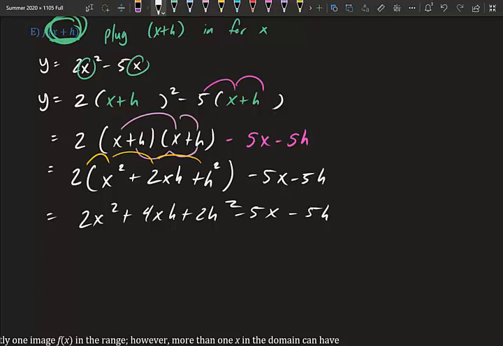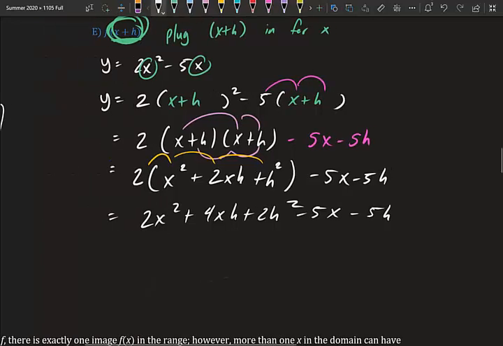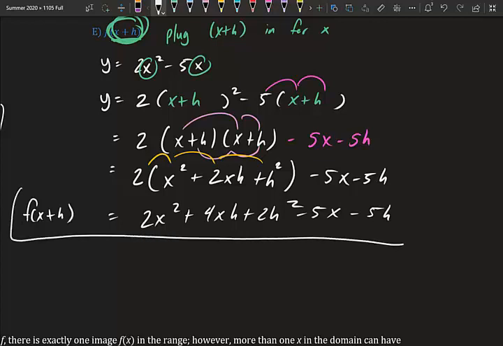Can we combine anything? Is anything the same variables? There's not. That's it. That's our answer. Yep, it's wonky looking, but that's fine. Sometimes answers are going to be long. Sometimes answers are going to look wrong. Sometimes they're going to look weird. It's all good.